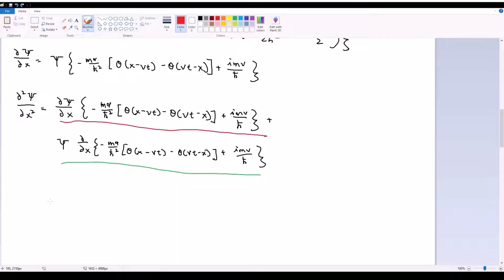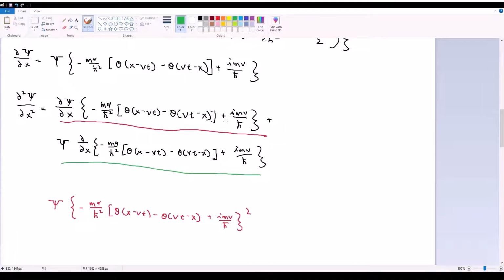So the red term is going to give us psi multiplied by everything again: negative m alpha over h bar squared, theta of x minus vt, minus theta of vt minus x, plus i mv over h bar.